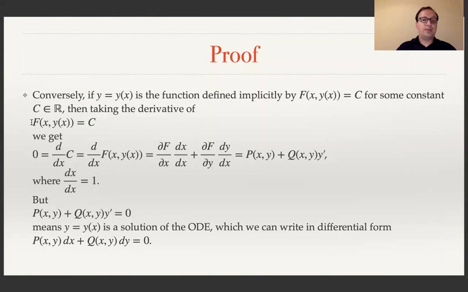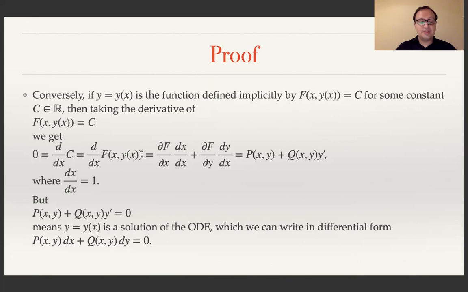So we start with this equality, F of x and y of x is a constant, and we take the derivative of both sides with respect to x. The derivative of the constant with respect to x must be 0 because the derivative of a constant is 0. And on the other hand, this must be equal to the derivative of F of x and y of x.